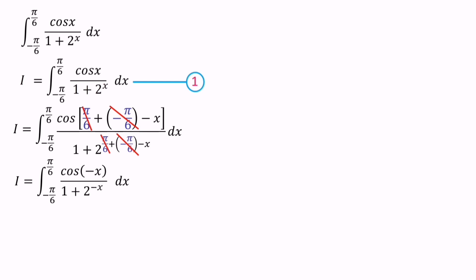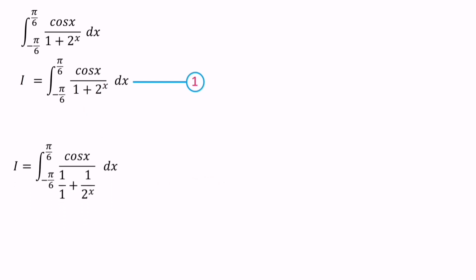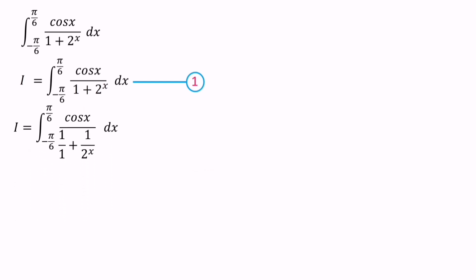Cos minus theta value equals cos theta. So cos minus x we can write as cos x. In the denominator, 1 plus 2 to the power of minus x we can write as 1 plus 1 over 2 to the power of x. Then we can consider a common denominator in the denominator.